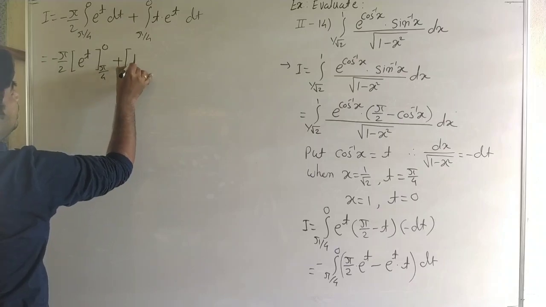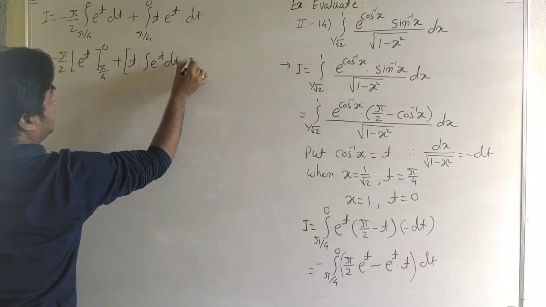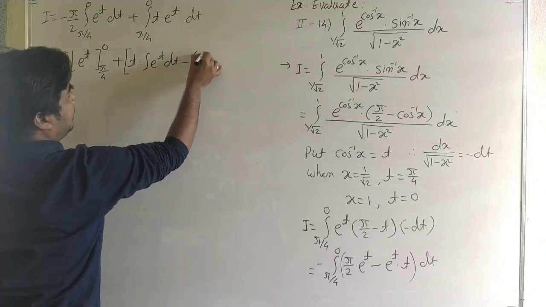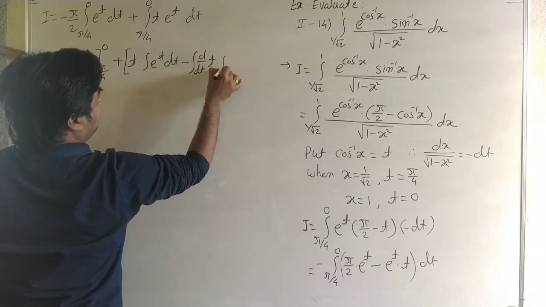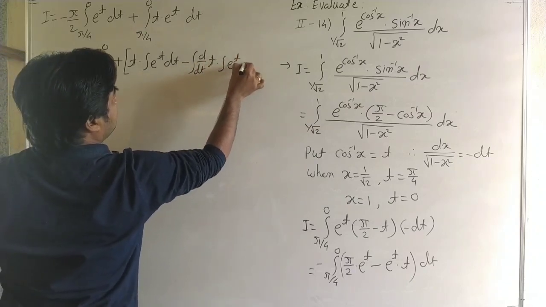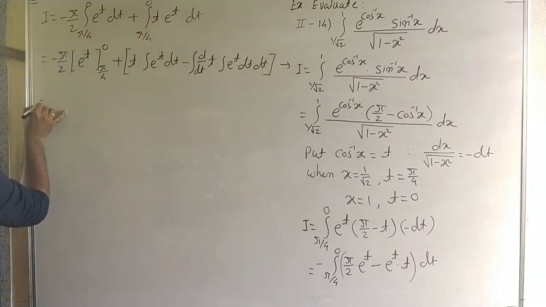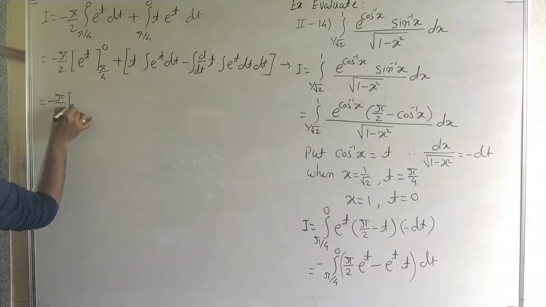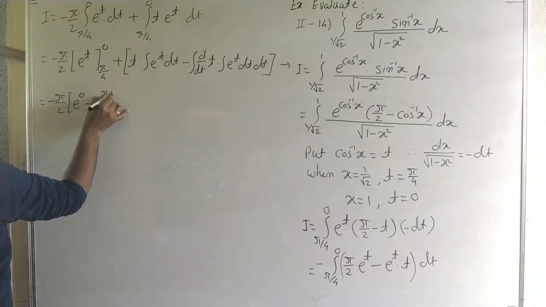Here t into the integral of t, u into v, minus the integral of the derivative of t into the integral of e raised to t dt. And now here minus pi by 2 into e to the power 0 minus e to the power pi by 4.